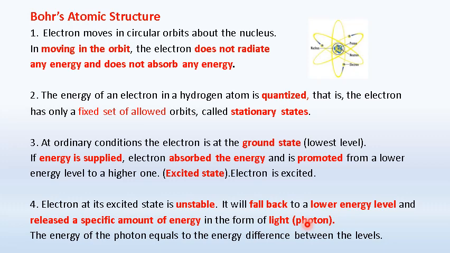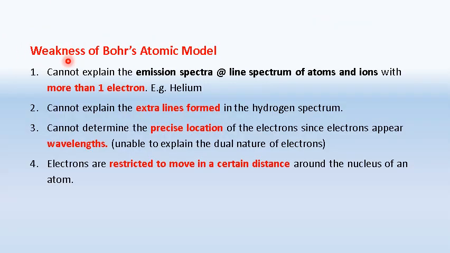After changing to kinetic energy, they have no more energy, so then back to ground state. So the energy of the photon equals the energy difference between the levels. So we are going to apply the calculation part for postulate 1 and postulate 4.